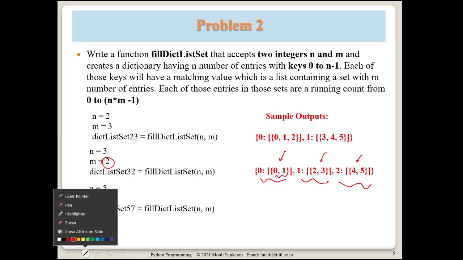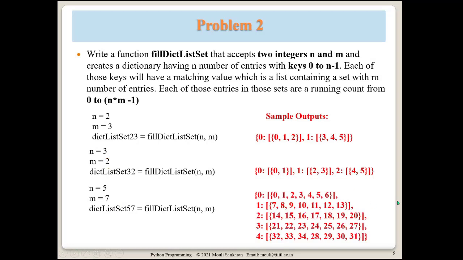One more I am showing you just for clarity. 5 and 7, there are 5 entries, and then again a list. Inside that there is a set with 7 numbers, 0 to 6, 7 to 13, and it goes on.